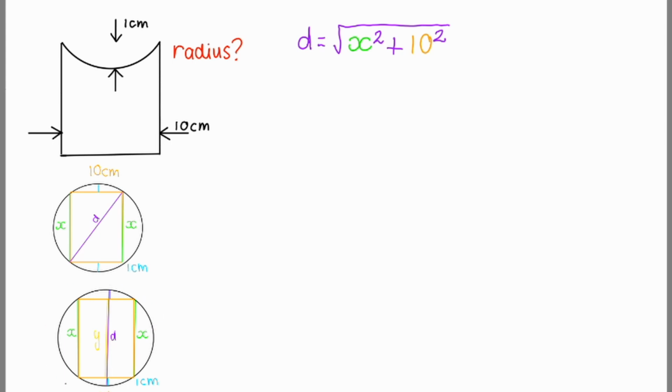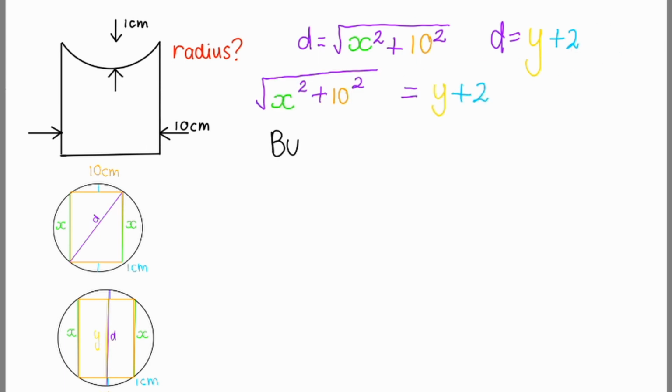But if we look at the second sketch, we can also say that the diameter equals y plus 1 plus 1, but let's add them together to say 2. 1 centimeter plus 1 centimeter gives you 2 centimeters, and then adding this length from here to here, which is y. We can also see that we have the same exact value here, so we can set these equal to each other.